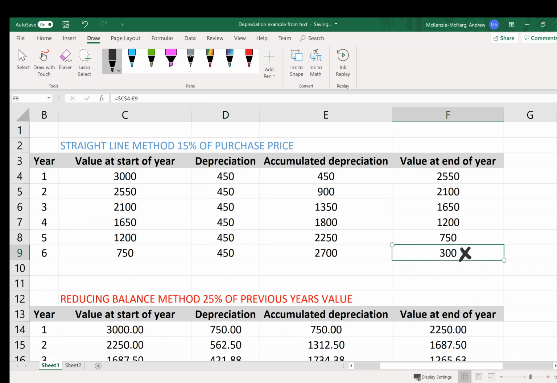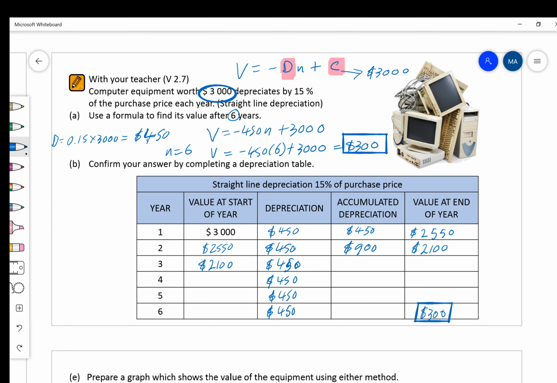Go ahead and check that against your working. Okay guys, so that's how straight line depreciation works. Go ahead and try the questions that are in the description for the video.